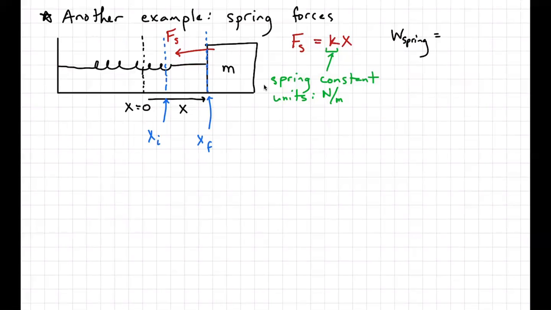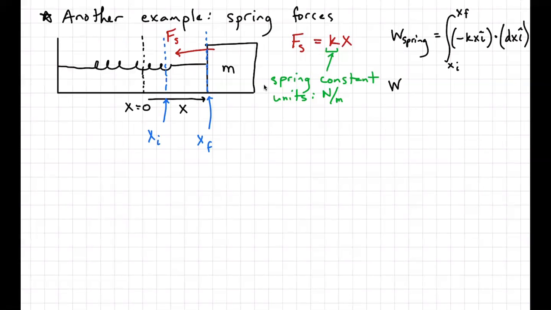Okay, so the work done by the spring is going to be integrating the force of the spring dotted with the path length vector. The force done by the spring is minus kx i hat. So in the negative x direction, as we pull out into the positive x direction, the force pulls back toward the equilibrium, so the force is negative, dotted with the path length vector, which is just this one-dimensional path length vector dx i hat, and we're integrating from the initial x position to the final x position.